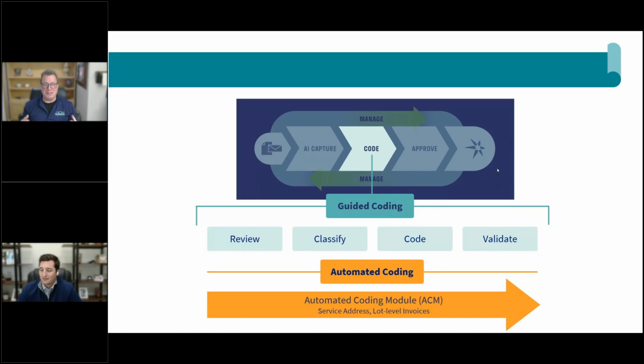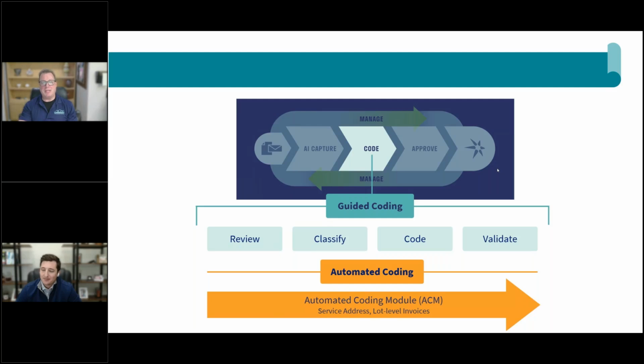If you guys today have a policy around how you code lot-based invoices, and you can articulate that to us and we take notes, and then we give it back to you and you say, yeah, that's what I said, not what I meant, we go through a little bit of iterations and then we got it. And you say, yep, that's it.